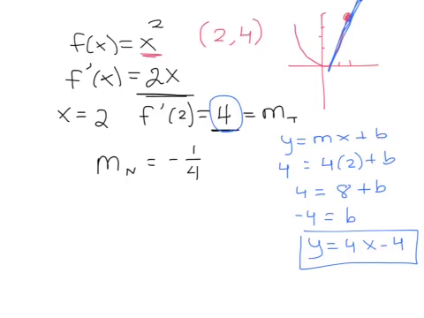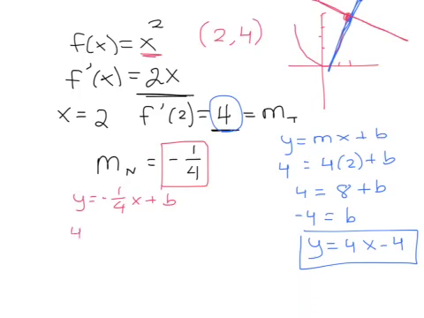If we're talking about a normal line, we already said that the slope of a normal is equal to negative 1/4. So at 2 and 4 on this point, it has a slope of negative 1/4. So in order to find the equation of a normal line, we have y is equal to negative 1/4 x plus b. Again, we know it must pass through 2 and 4.